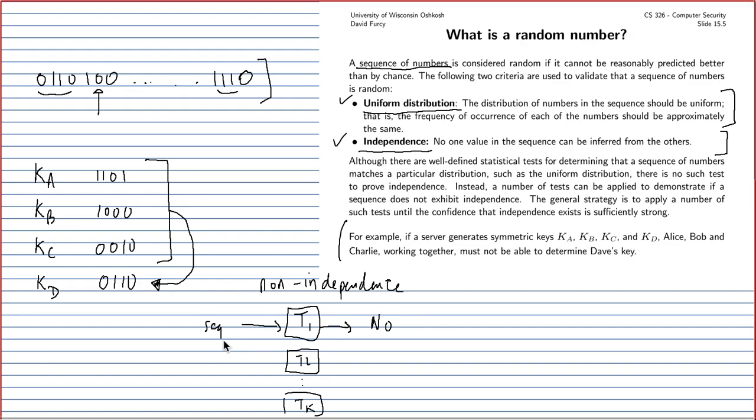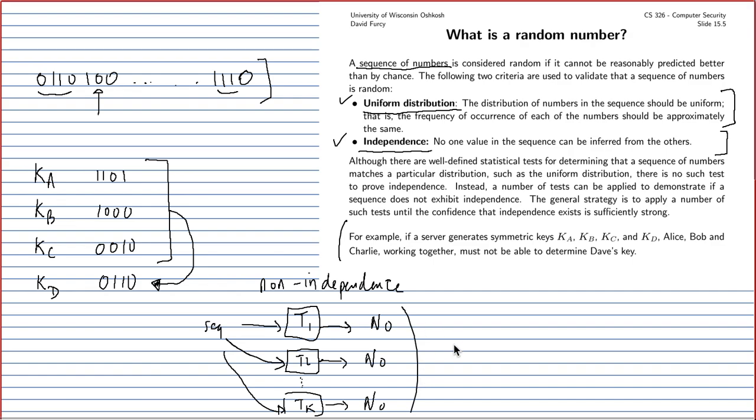So then what you do is you take this same sequence and you feed it to a second such test. And if that test answers no, well, that means that test was not able to prove that the sequence was not independent. So it could still be dependent. And so what happens is if you run a sequence of these tests that is long enough and all of these tests answer no, that means after a lot of effort, you were not able to prove that the sequence was not independent.